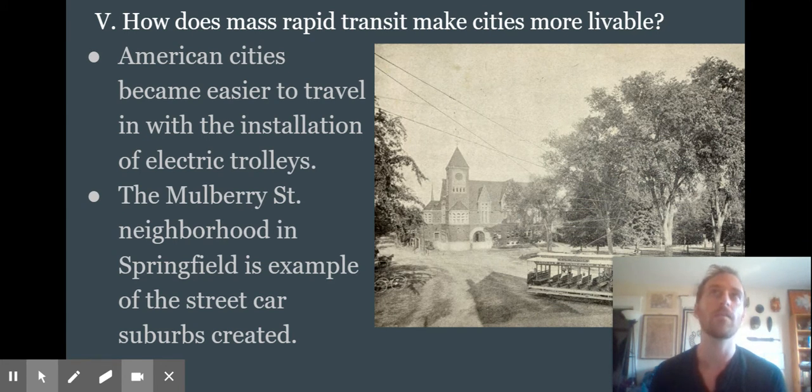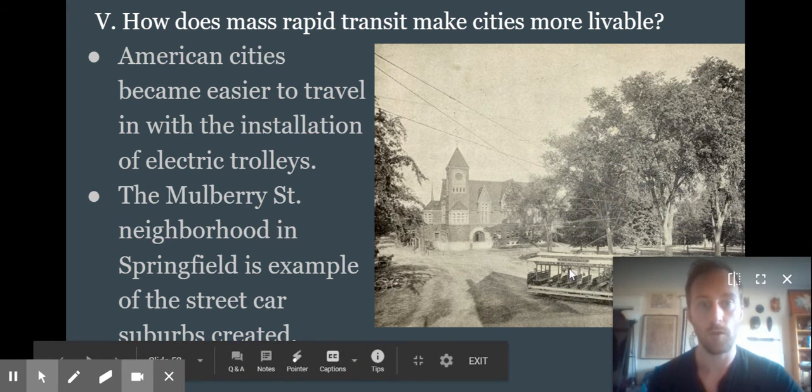This is an area like, say, Florence, Massachusetts versus downtown Northampton. The wealthy would take a trolley in. It was a little bit greener, and they would come into the main part of the city to do their work in the factory or in an office. This one is in Amherst, by the way, the streetcar system. Dirt roads with metal rails in them, and the streetcars go around.